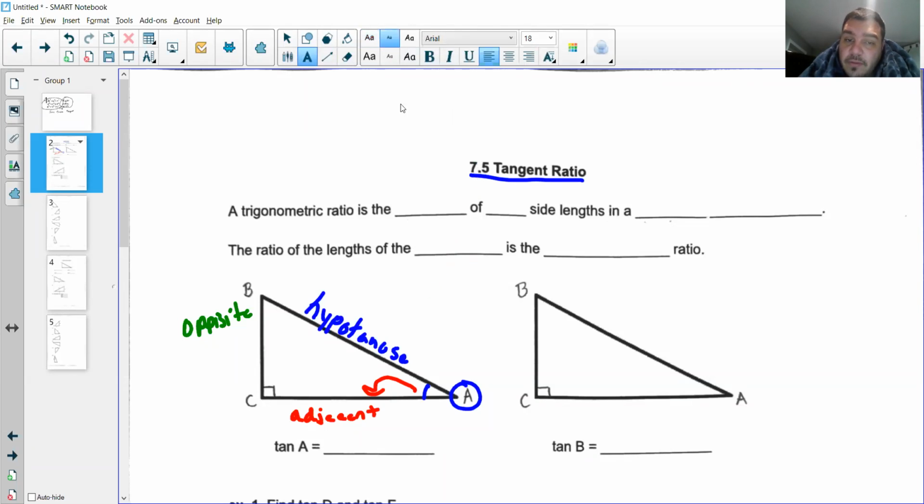So we're going to fill in some blanks. A trig ratio is the ratio of the angle with the side lengths in a right triangle.